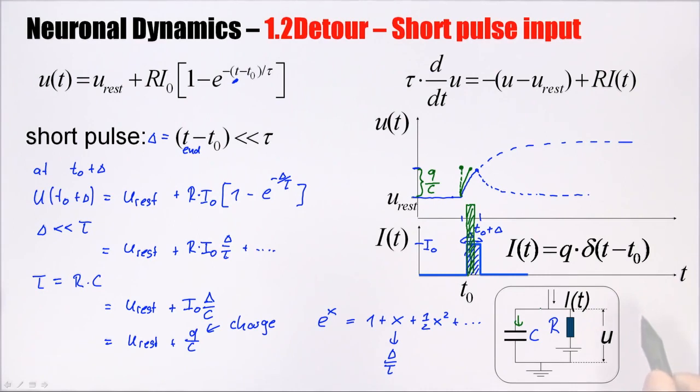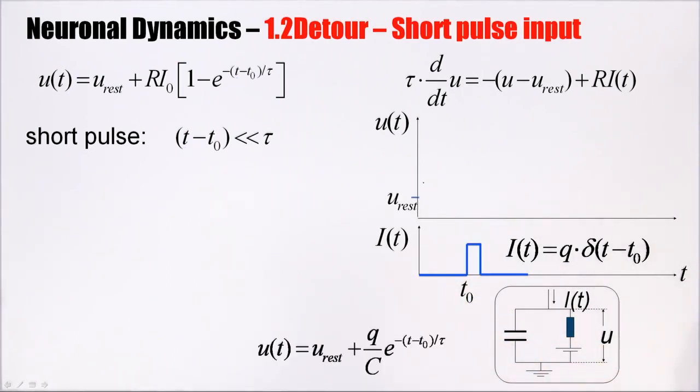But if I deposit a charge Q on the capacitor, then I have a change in voltage which corresponds to Q over C. So in summary, a short current pulse that's made really short deposits a charge, Q, in a very short time, and the membrane potential will, at time t0, simply jump to a new value, and afterwards there's no current anymore.